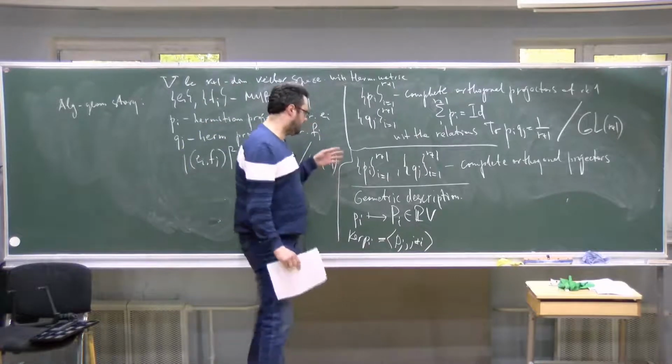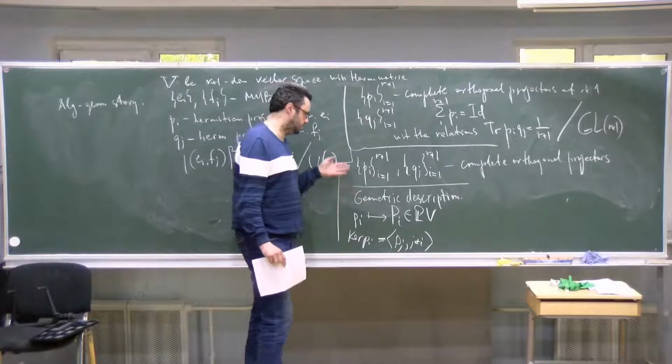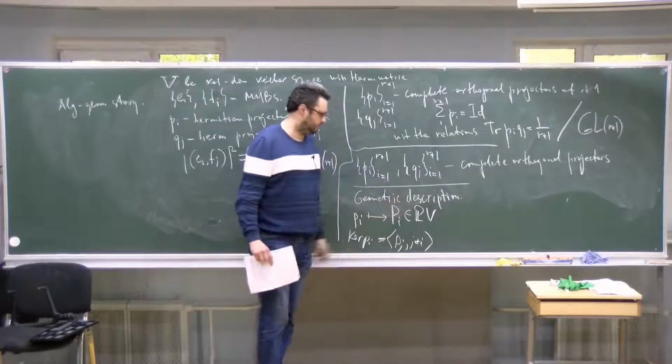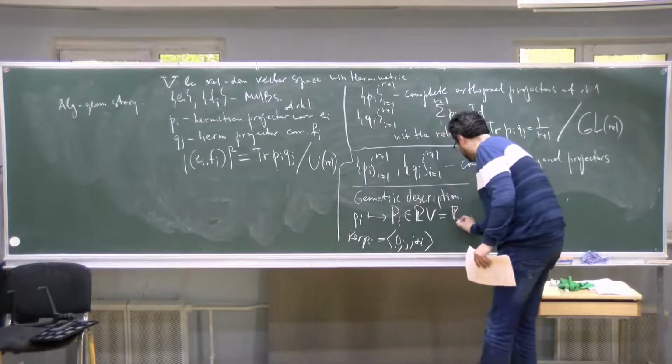So a complete set of orthogonal projectors is defined uniquely by a set of points in projective space, PR. I will denote it by this.